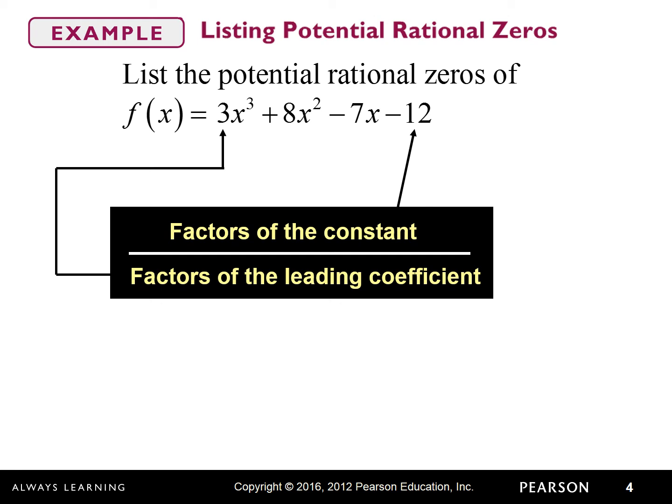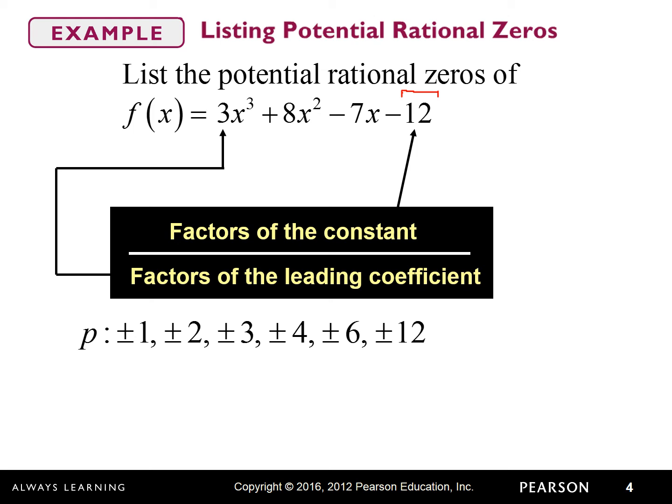And what are these factors? What are these factors of the constant? Well, a lot of things go into 12. And since we're going to be considering positive and negative factors, we don't have to worry about whether we have 12 or negative 12. All these numbers go into 12: plus or minus 1, plus or minus 2, plus or minus 3, plus or minus 4, plus or minus 6, plus or minus 12.